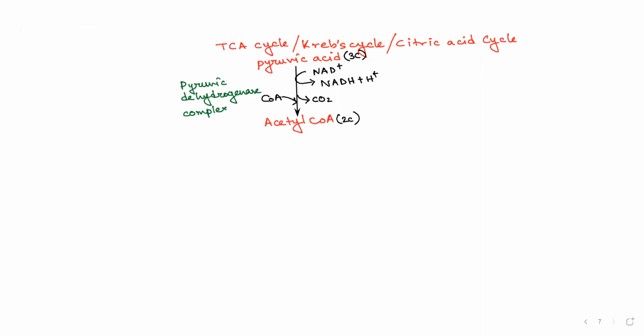Now from this pathway, it will move to a cyclic reaction where first there will be production of citric acid.